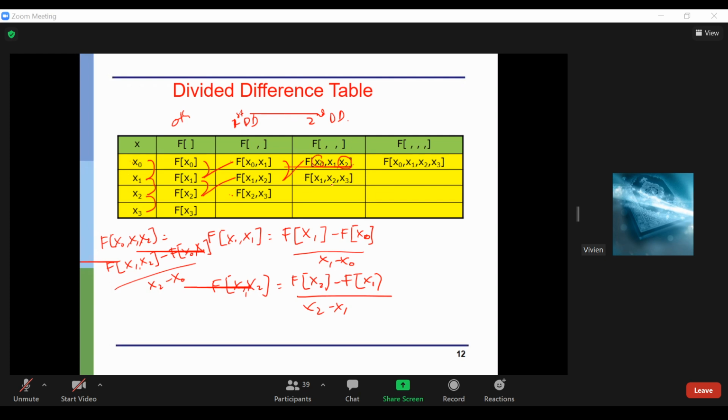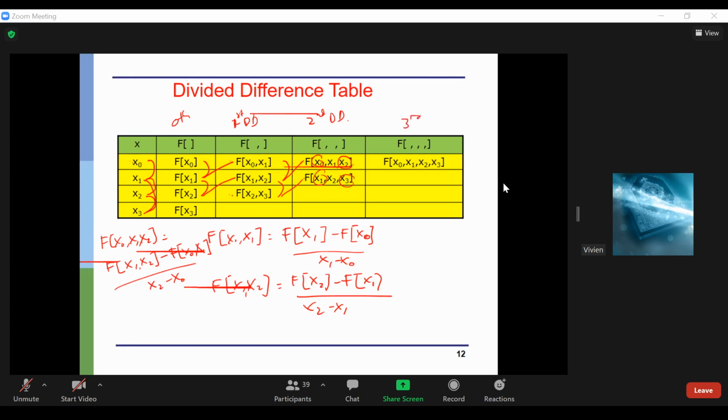Again, for this one, this will be calculated by f[x2, x3] minus f[x1, x2] divided by the largest, x3 minus x1. So we got the second divided difference.